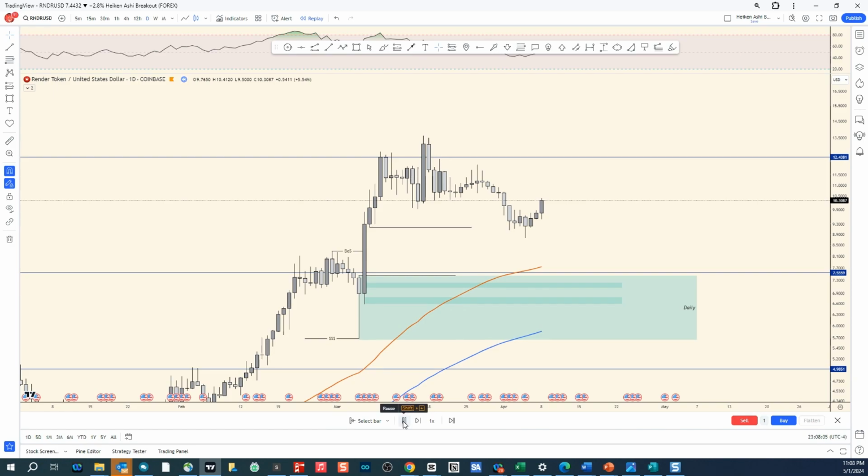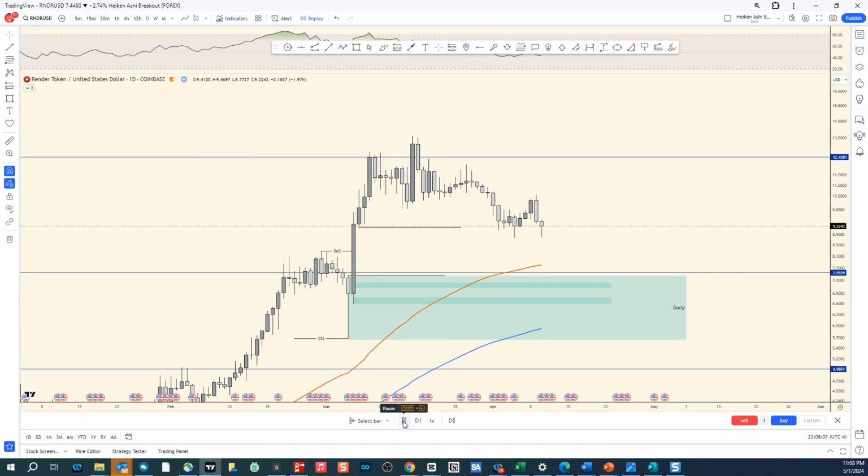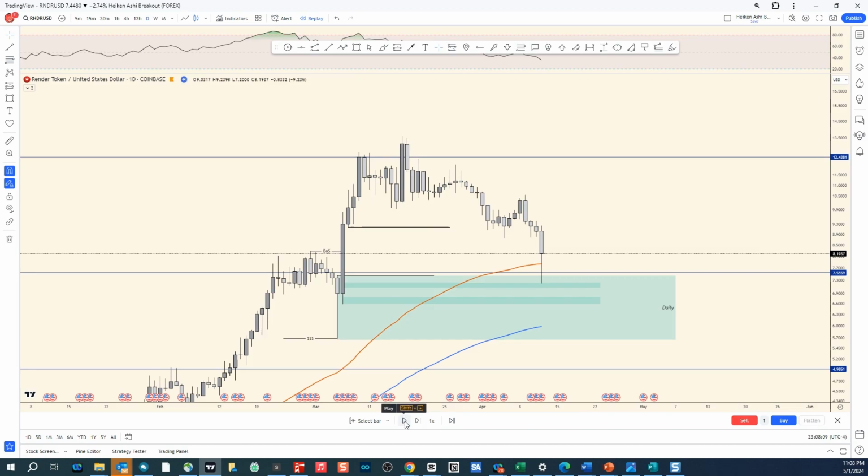Okay, so price taps into this 1 hour buying area very cleanly, almost pinpoint accurate here. As you can see, your imbalance got filled as we thought it would, fully filled right here. And what we would want to see is price reject and move up.